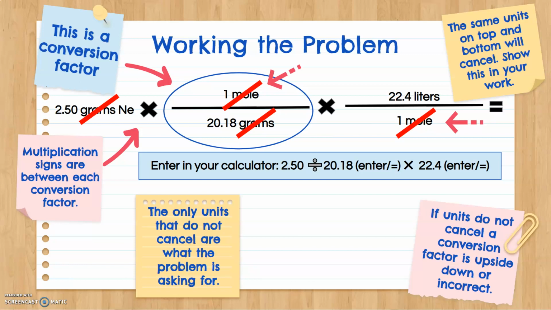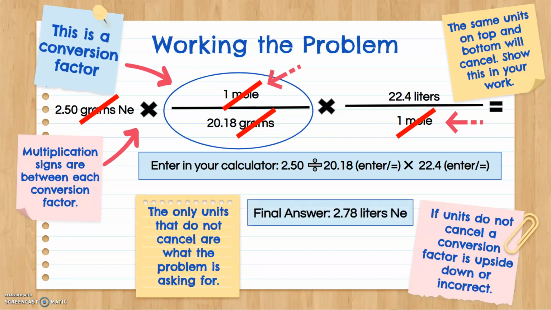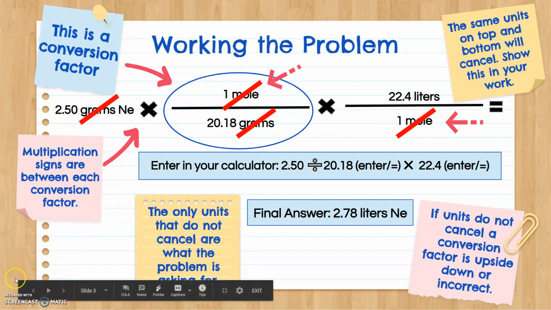I would do that in that particular order, just hitting enter after each operation so that my calculator didn't get confused. Now, if you want to use parentheses, other things like that will work. This is just kind of how I would do it. And there's your final answer, 2.78.